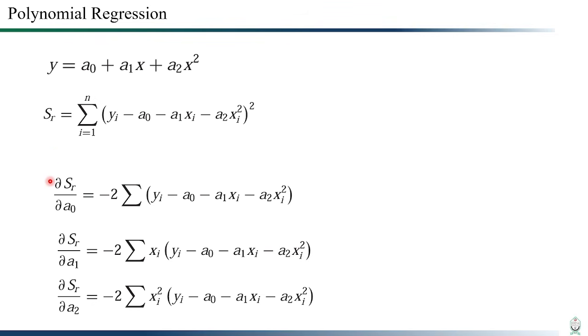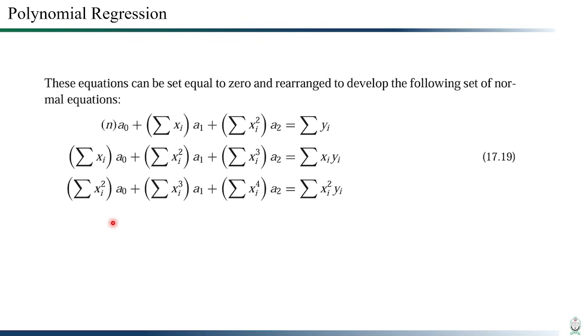For that reason, we need to take the derivative of the sum of squared error with respect to a0, a1, and a2, which will eventually result in these three equations.